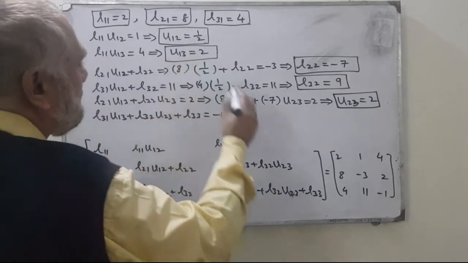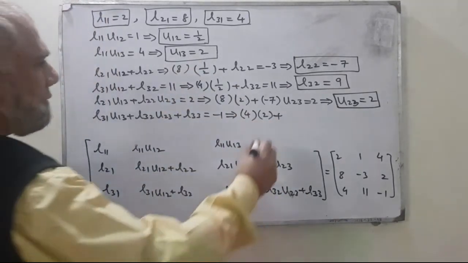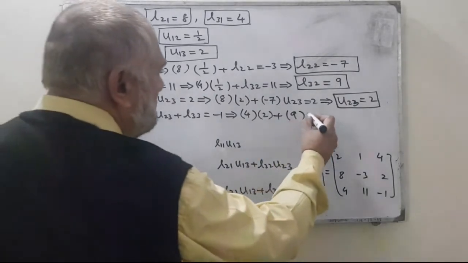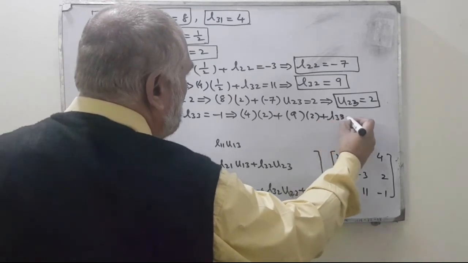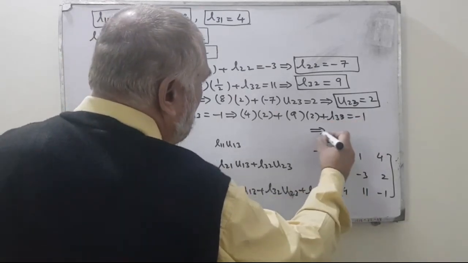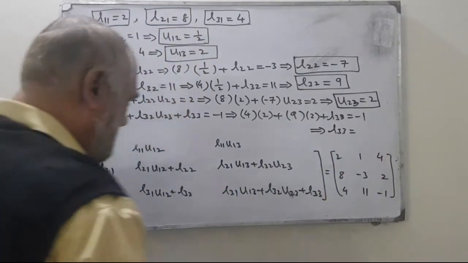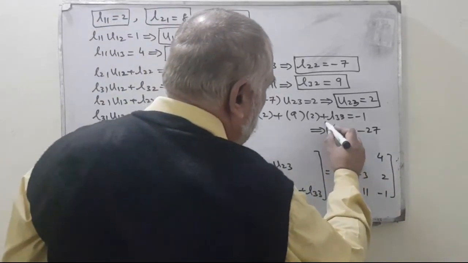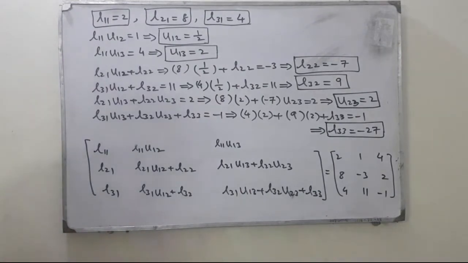U13 is 2, plus L32 is 9. U23 is 2, and L33 will be equal to -1 from here, and separating L33, it will be equal to -27. So we ultimately succeed in finding all the 9 unknowns involved in the 2 matrices of L and U.